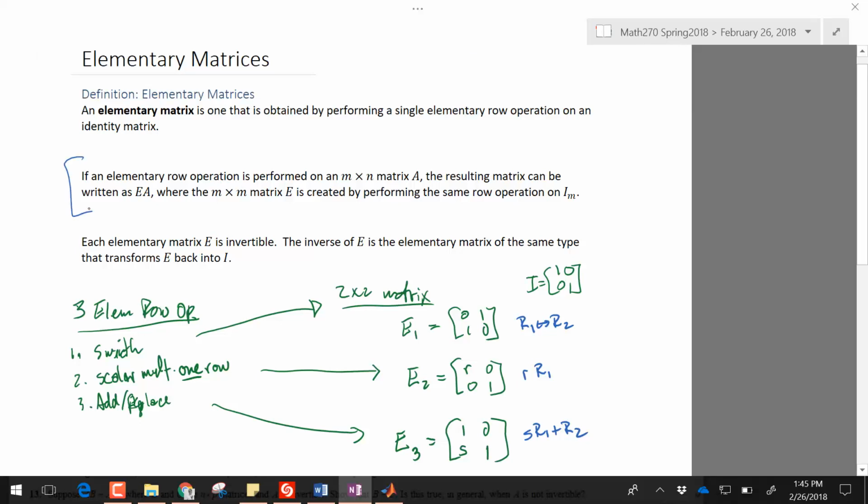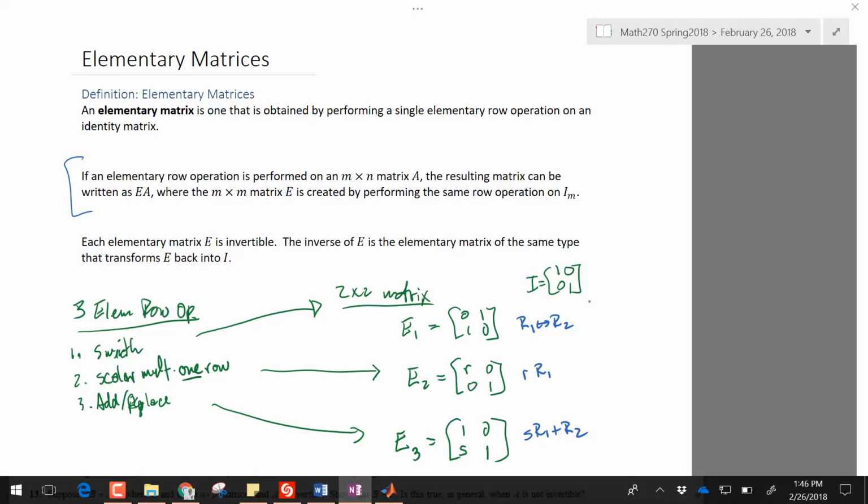If an elementary row operation is performed on an m by n matrix, then the resulting matrix can be written as E times A, where E is created by performing the same row operation on the identity. E is one of these elementary row operations, and it has to be a square matrix because it comes from the identity. But A does not necessarily have to be. All right?